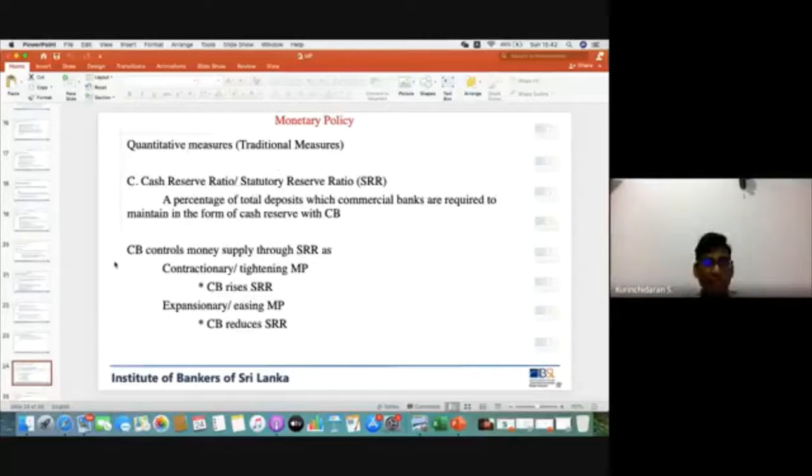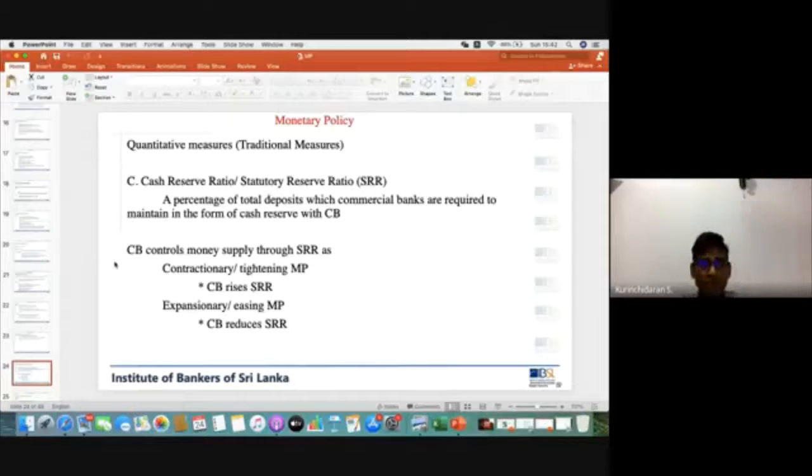And the third one is SRR, or we also can call it cash reserve ratio. What is that SRR, statutory reserve ratio? A percentage of total deposits which commercial banks are required to maintain in the form of cash reserve with the central bank.